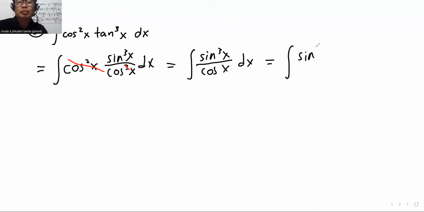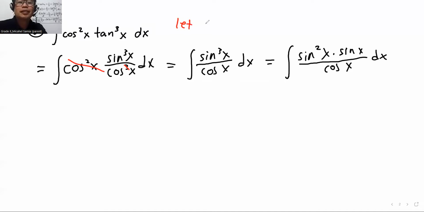There's no space on it. We can break down this sine cubed x. Okay, so I'll just put it above.